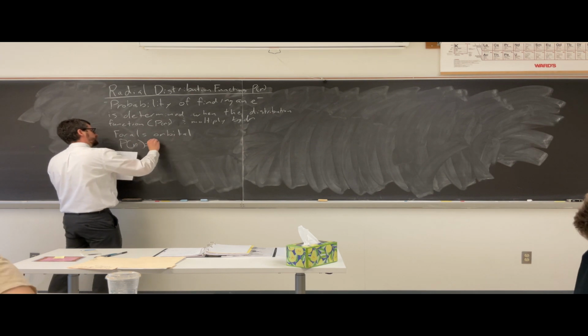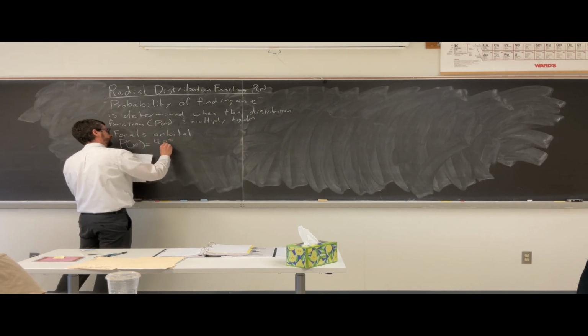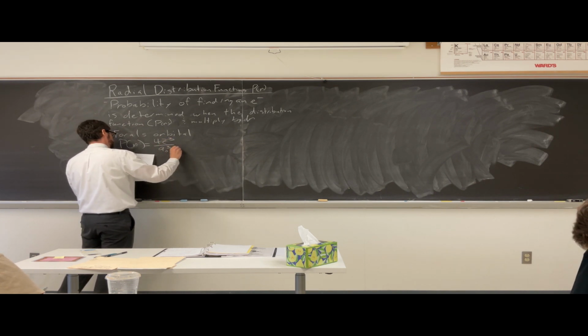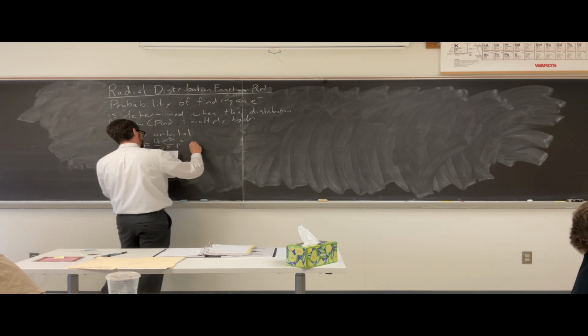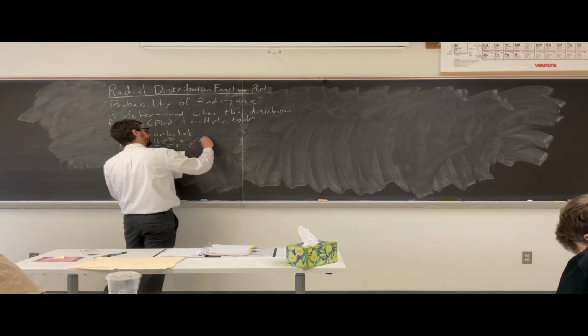P of R is equal to 4 Z cubed over a naught cubed, r squared e to the 2.